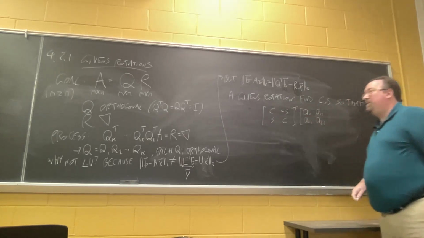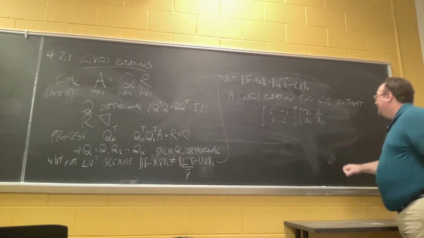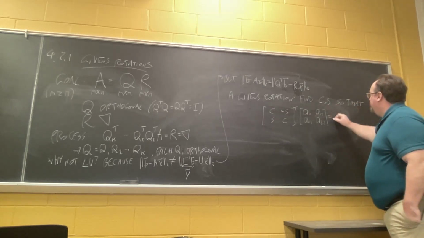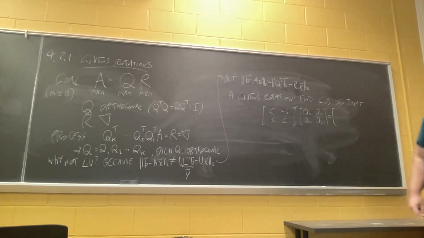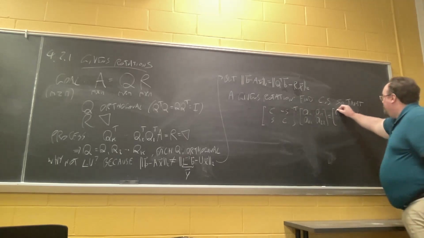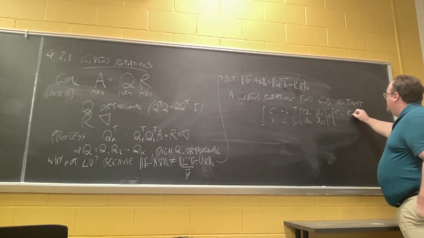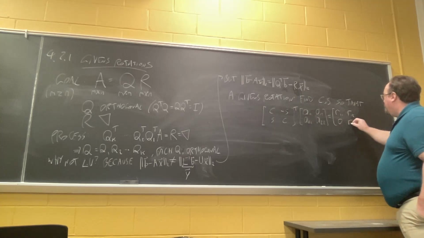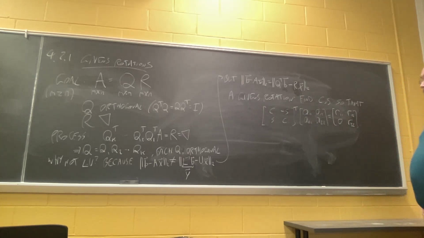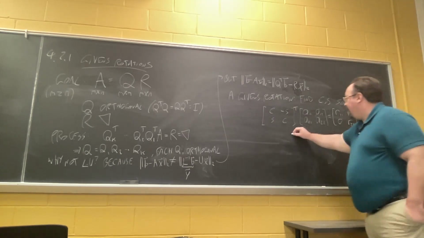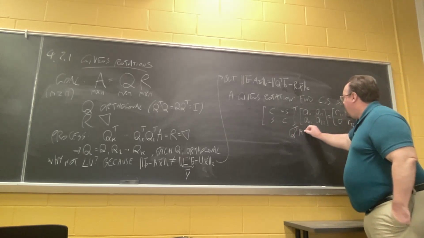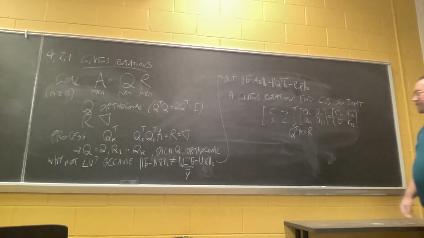We're going to perform a QR factorization of a 2x2 matrix. We want this 2-1 entry to be 0. So this is our Q transpose A equal to R in the 2x2 case.